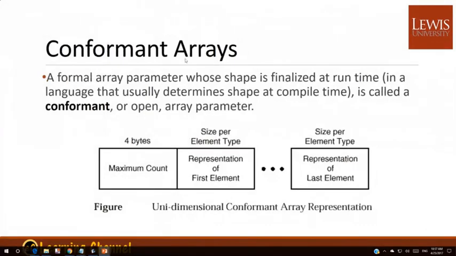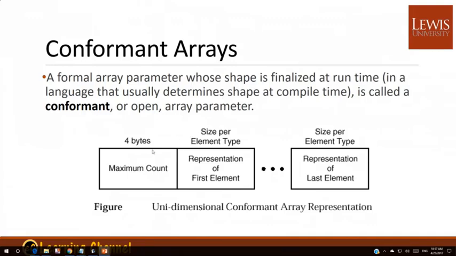The first one is conformant arrays. A conformant array is easy to understand. It is a formal array parameter whose shape is finalized at runtime, not compile time. Sometimes in the C language, we have int bracket A as an array, but you don't know the size, and it is not defined.